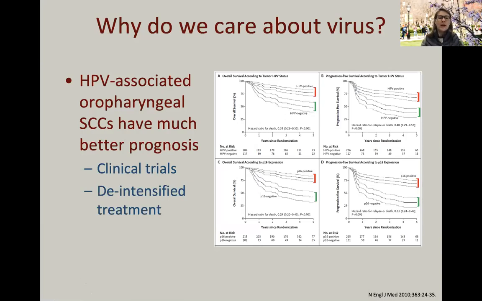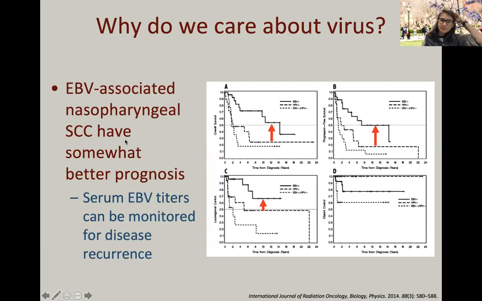As you all know, here at the U of C, we have clinical trials for HPV patients that will receive essentially de-intensified therapy. The point is to target the cancer as much as possible, but reduce the burden on the surrounding normal tissues. Because these are so chemoradiosensitive, they require less chemo and less radiation than your classic non-HPV-associated cancers.